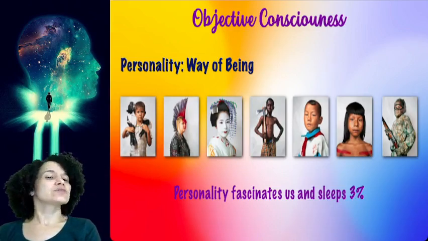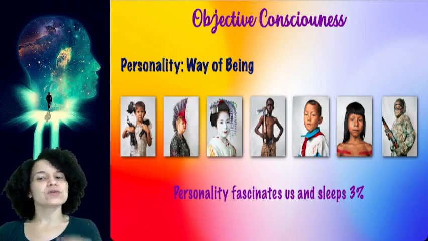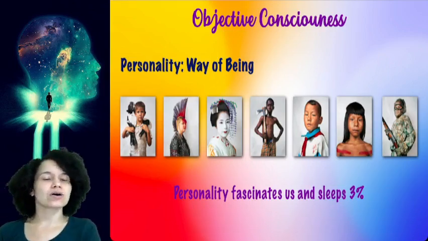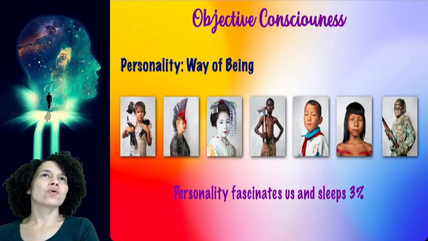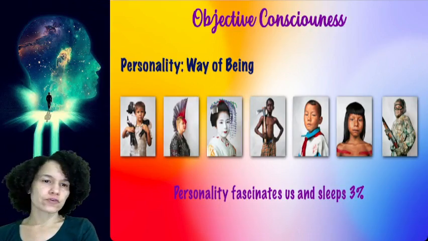So we see that personality is just like a vehicle for the expression of our different psychological defects, but we must know that there is no future for the personality.